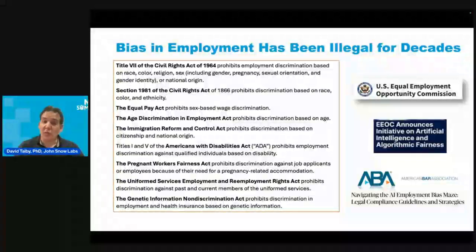And if you're building a model, it's your responsibility to make sure that the model complies with all of these rules.